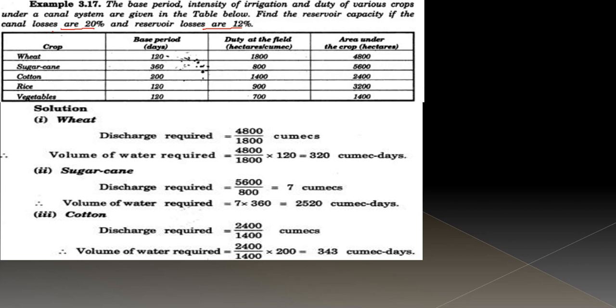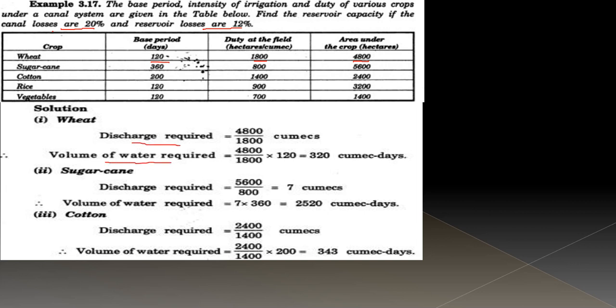here for wheat the base period is 120 and duty at the field is 1800 and area under the crop is 4800. So for each crop we have to calculate the discharge required and volume of water required.